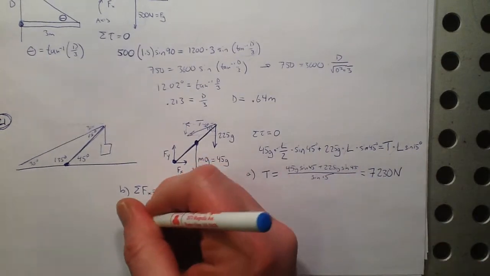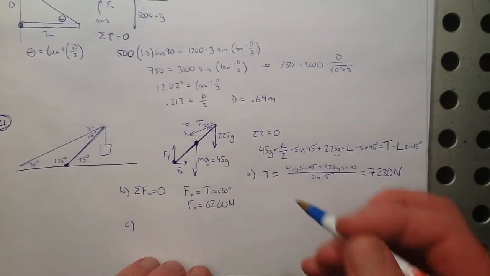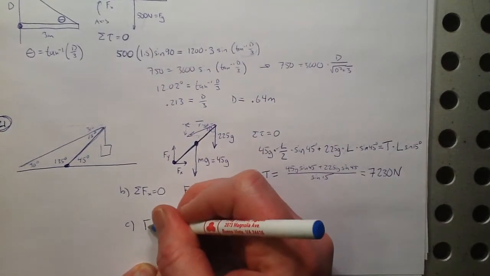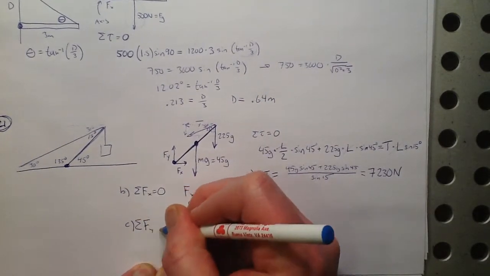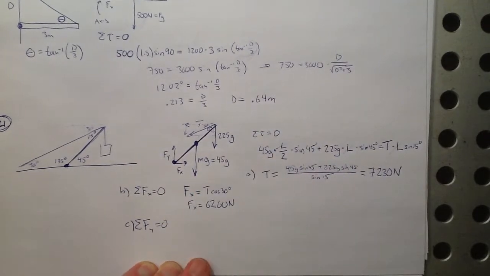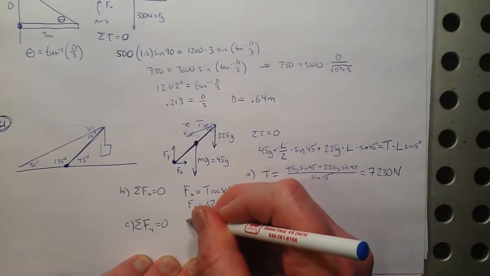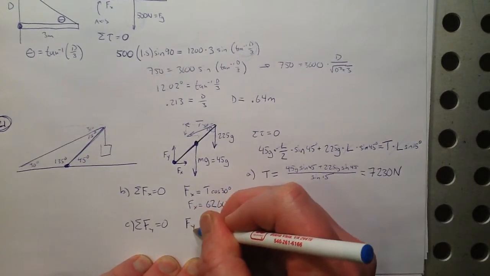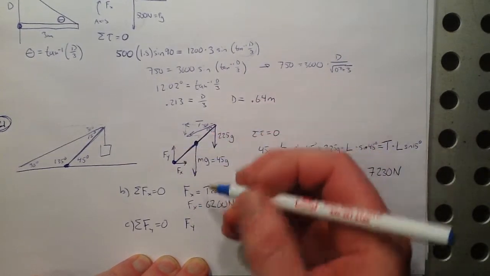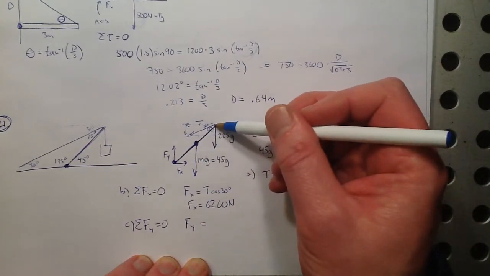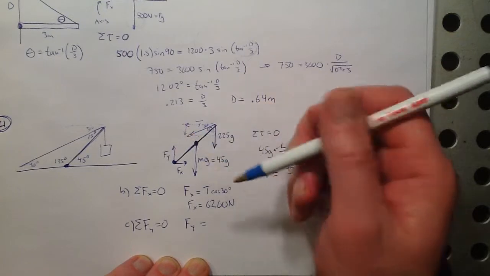And part C, let's see what we have for our vertical forces. I know that the sum of all the vertical forces is 0 because this is in static equilibrium. So we have Fy up, and then I've got 3 forces down. 1, 2, 3.